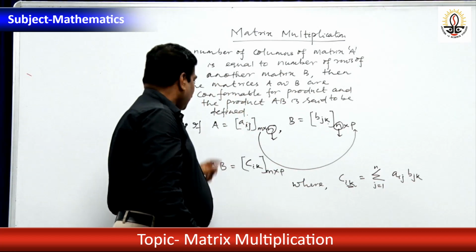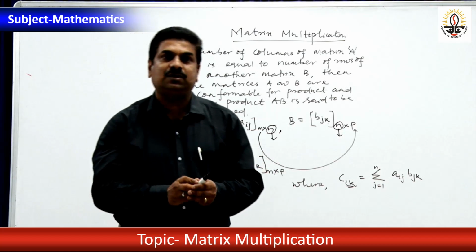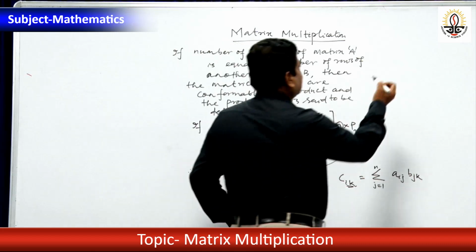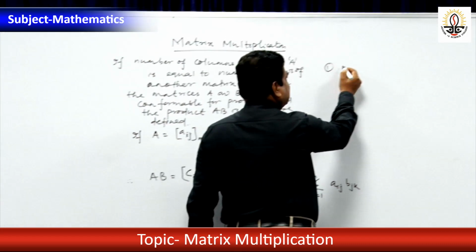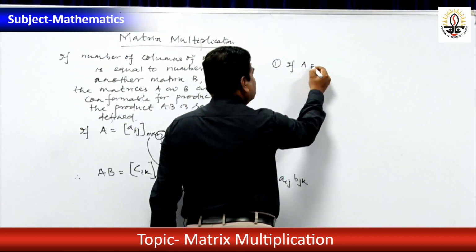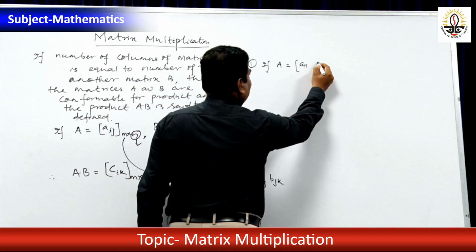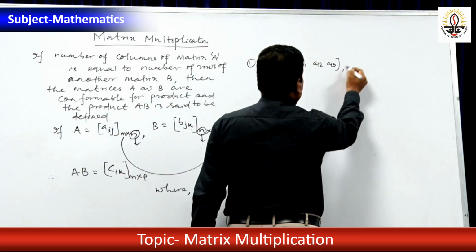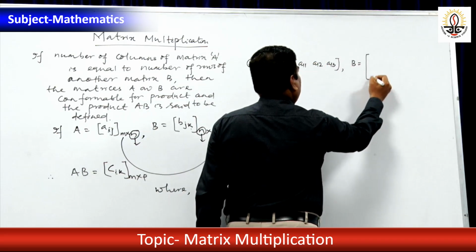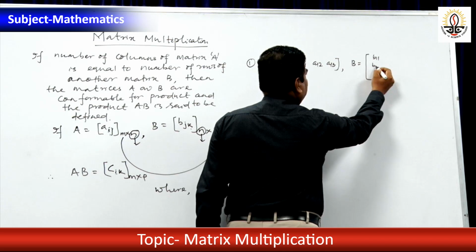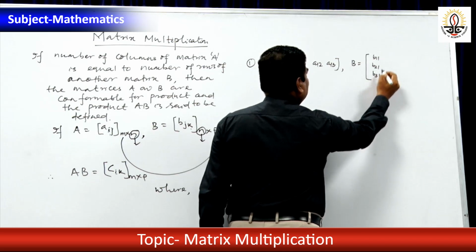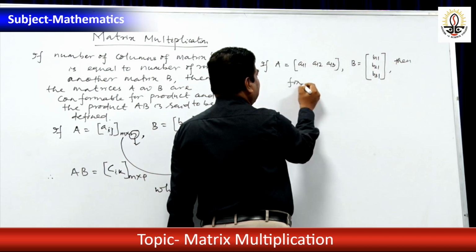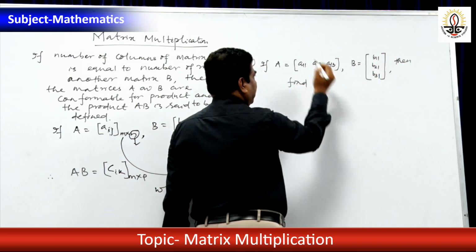So I will take one or two examples so that you can better understand. First, I will take one example. If A is equal to A11, A12, A13, and B is equal to B11, B21 and B31, then find AB.